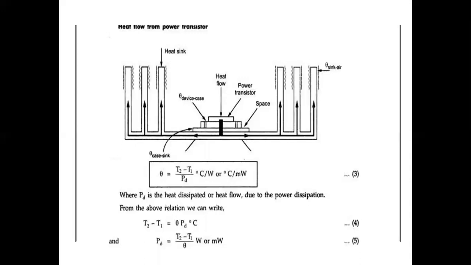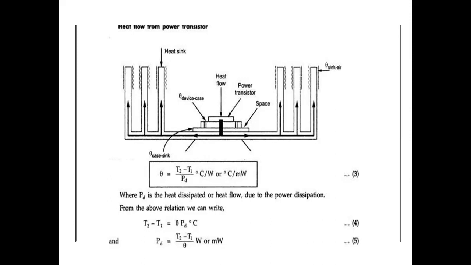In a similar manner, when there is some temperature difference, there is some heat flow. An electric current flows when there exists a potential difference; similarly, heat flows when there exists a temperature difference.